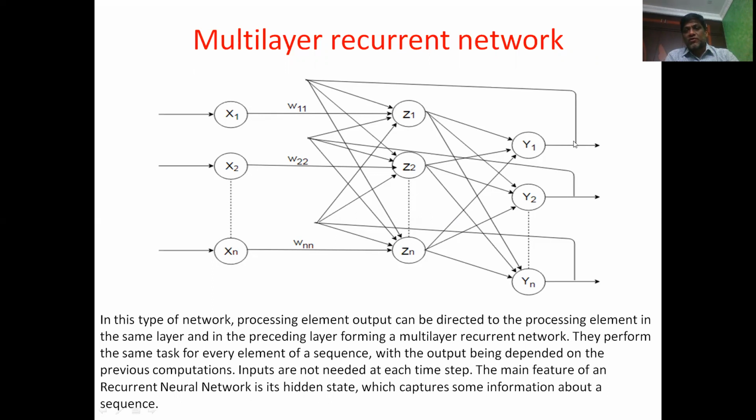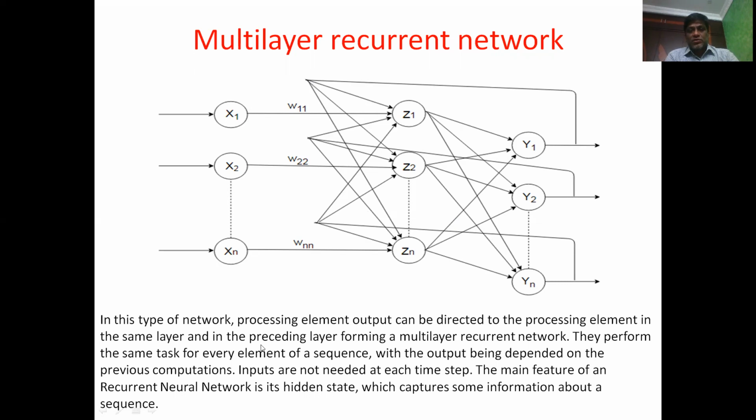The output of Y1 is connected back to Z1, Z2, and so on Zn. So, if you have a multi-layer recurrent neural network, then the output layer neurons are connected back to the hidden layer neurons. That's what you need to understand.